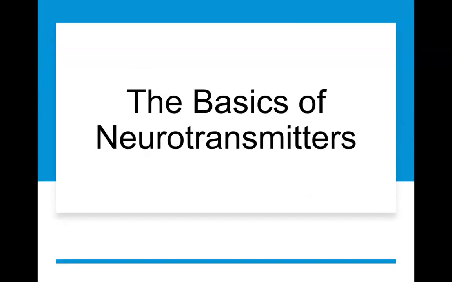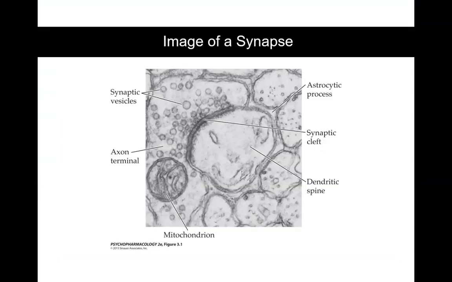So now let's move on to talk a little bit about the basics of neurotransmitters. So here you can kind of see the little gap between neurons, the synapse that we talked about previously. So right here, we have the synaptic cleft. So here is the postsynaptic neuron, the neuron that is occurring after the synapse. And here we have our presynaptic neuron. This is the neuron that's sending the message.